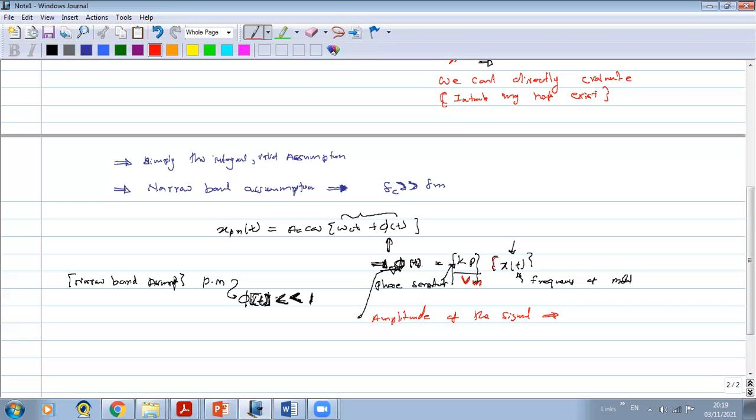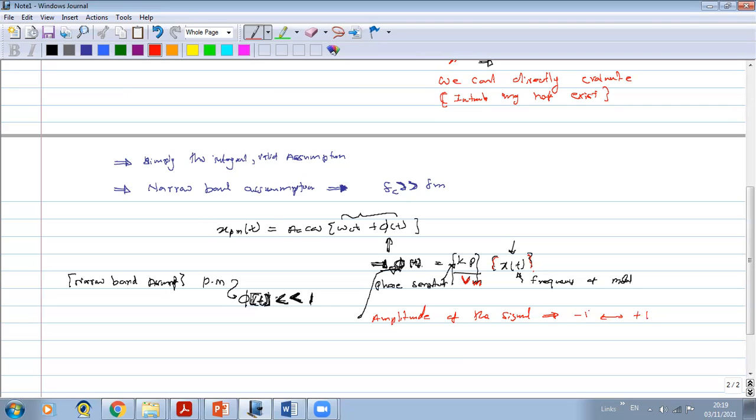So here the amplitude of the signal is normalized. So normally the amplitude will lie between -1 and +1, the normalized amplitude of the message signal.